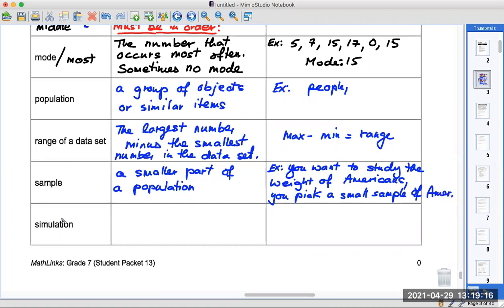Okay. Simulation, you probably heard this word before from airplane simulations, or when you go into space, they have simulations of what will happen. It's a way to model random events, so you don't actually do it.